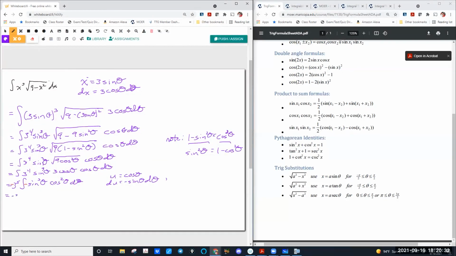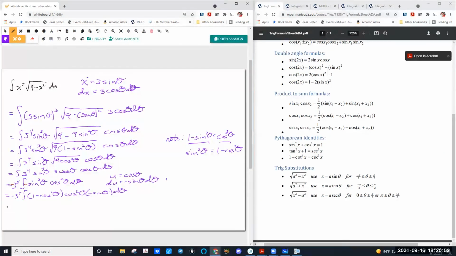So we have minus 3 to the 5th. This is going to be 1 minus cosine squared theta, times cosine squared theta. And then here at the end, we've got the negative sine theta d theta.